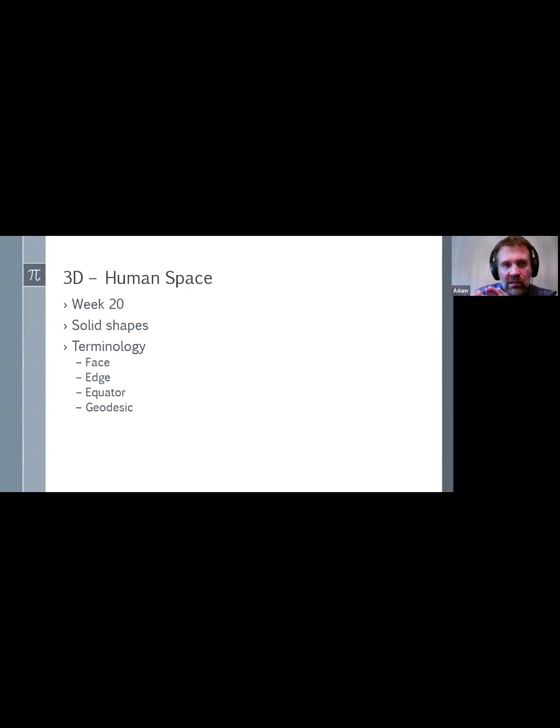But in a cube, now you have a face. You have six faces. You have those lines that go around, those are the edges. In a sphere, you'll have an equator and something called a geodesic. These are curved lines.